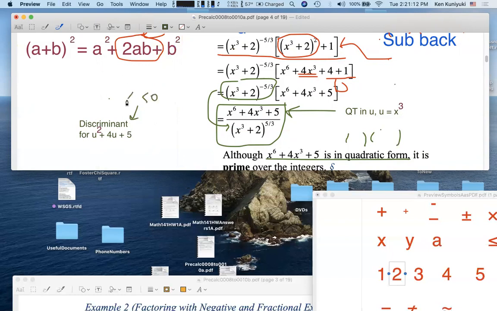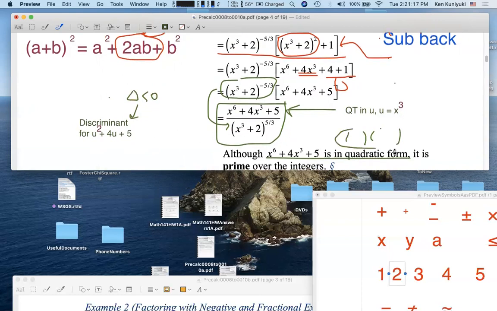The discriminant, which is sometimes denoted by this triangle, turns out to be negative, so you're dead as far as this kind of factoring goes, over the integers. Now you might protest, wait, aren't there other ways we could factor this? That's an excellent question, but it turns out that the top is prime over the integers. We know it cannot be factored old school because of that whole test for factorability. The discriminant is negative. So we're done.